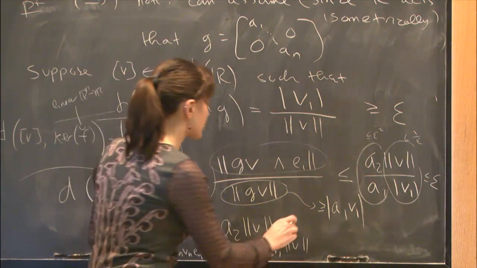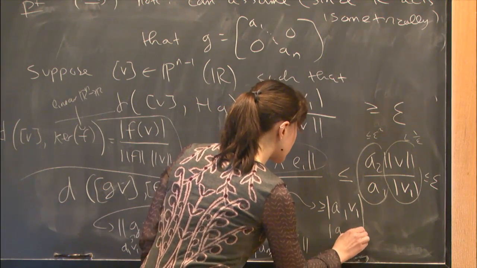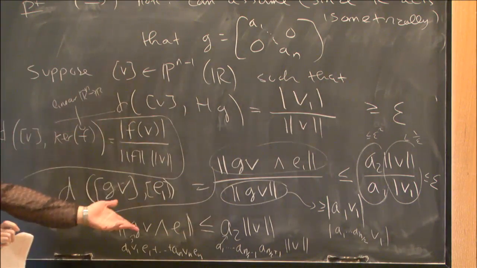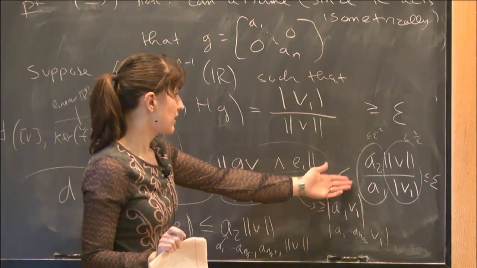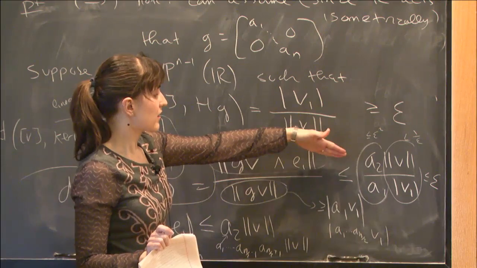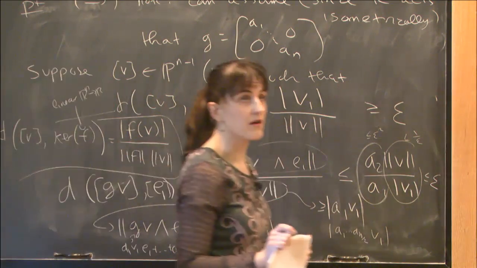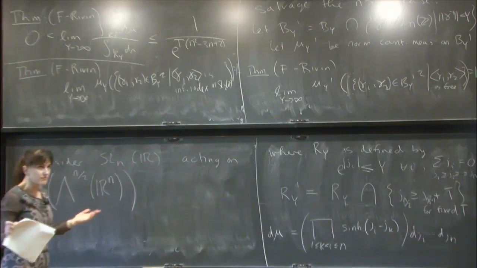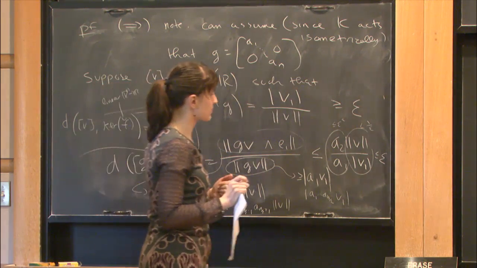And here you're going to get that this is greater or equal to a_1 times so on times a_{n/2} times v_1. And again, when you look at the ratio, what you get is exactly the ratio between a_{n/2} down here and a_{n/2+1} up there, which you know from this argument is less than or equal to epsilon squared with high probability.